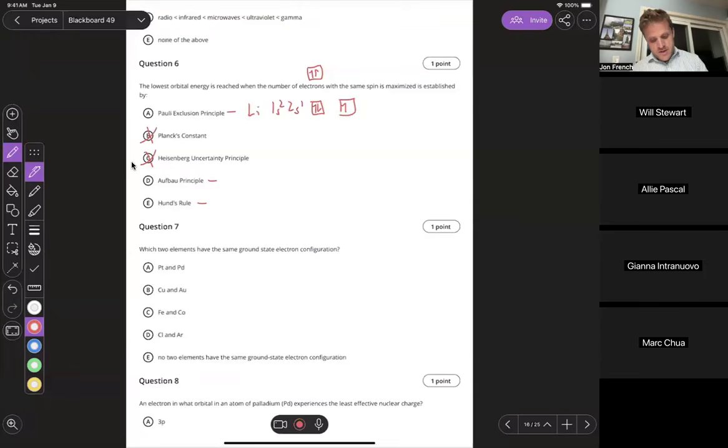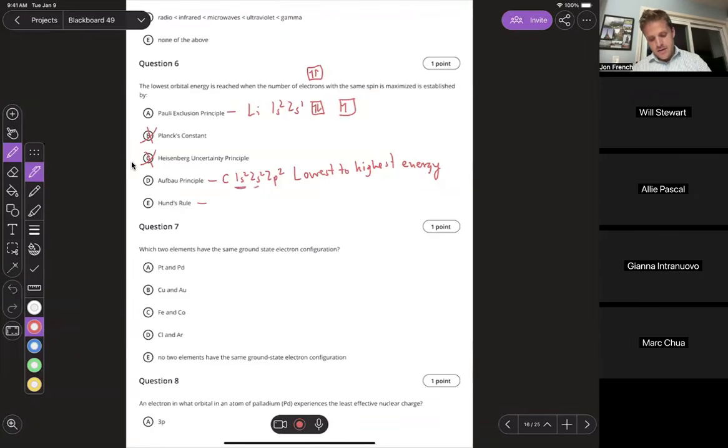The Aufbau principle, we can see it with carbon, and then Hund's rule. For the Aufbau principle, we want to fill the orbitals from lowest to highest energy: 1s2, 2s2, 2p2. I guess we could have seen it with lithium.